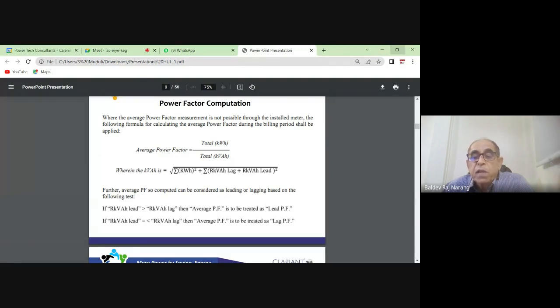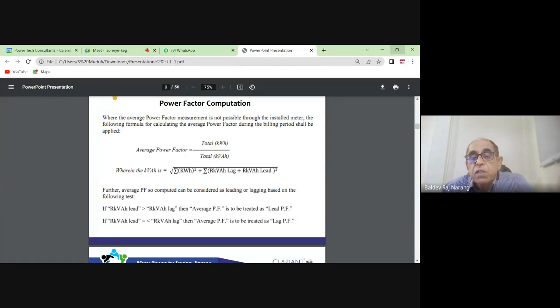So people were able to maintain unity power factor, even if for the first few days they had some lagging power factor. They were able to make up by adding more capacitors than required. Everybody was able to maintain average unity power factor to get the full power factor incentive, say 7% or 8%.